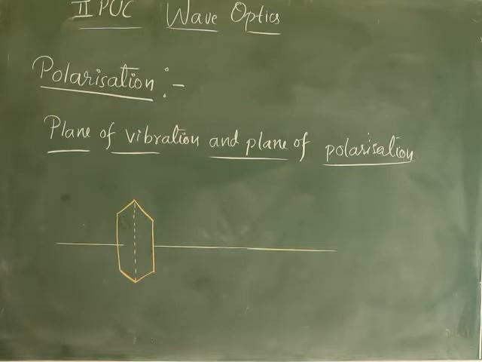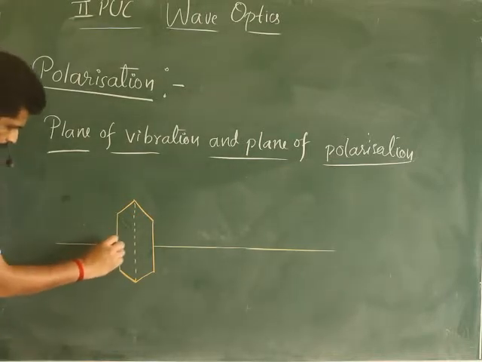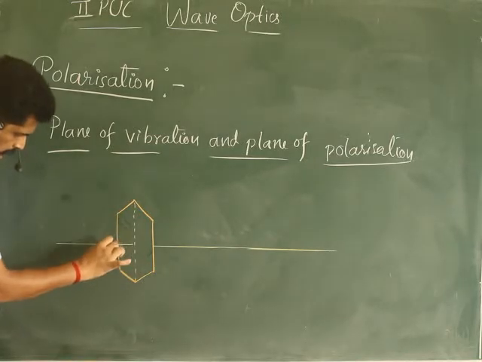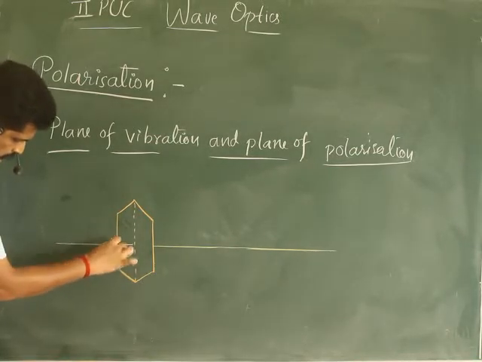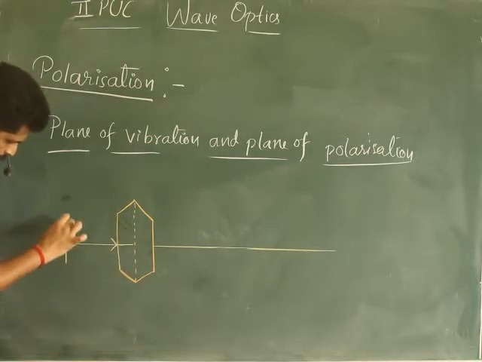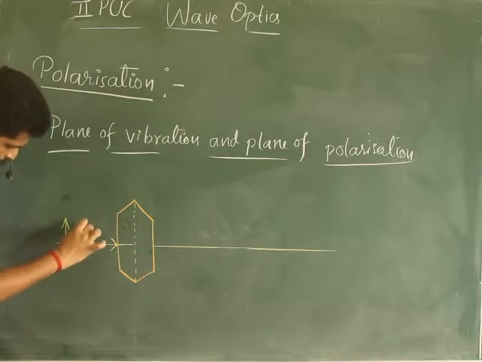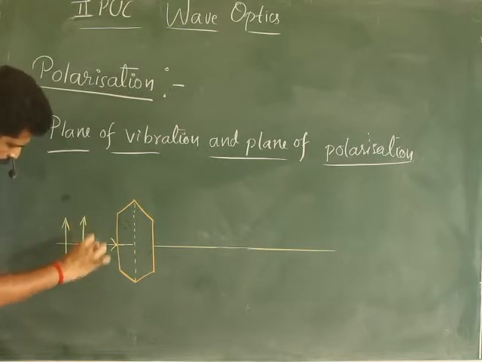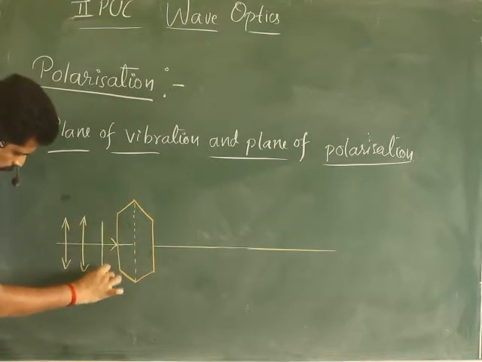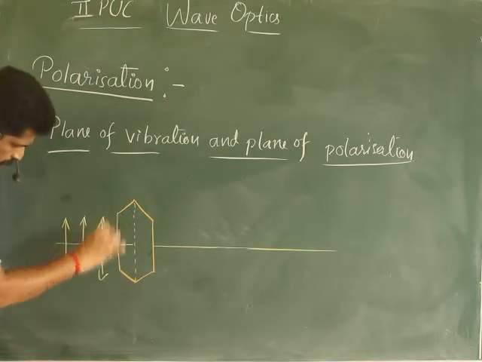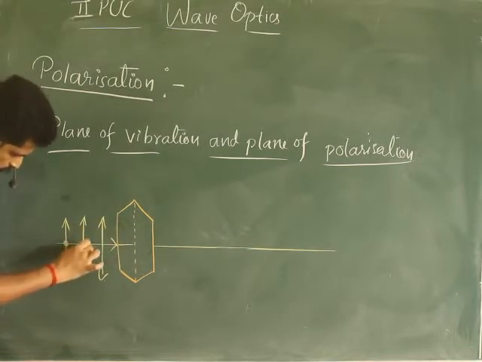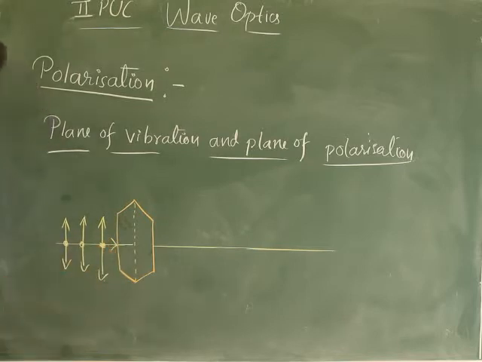So now, okay, first I will show the polarization. So what is that? Light enters this. So vertically, that means it is unpolarized, correct? Before falling on the tourmaline crystal, it is unpolarized. That means vertical as well as horizontal vibrations will be present.